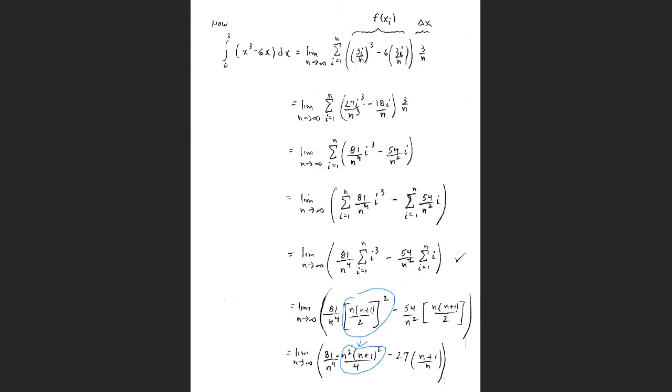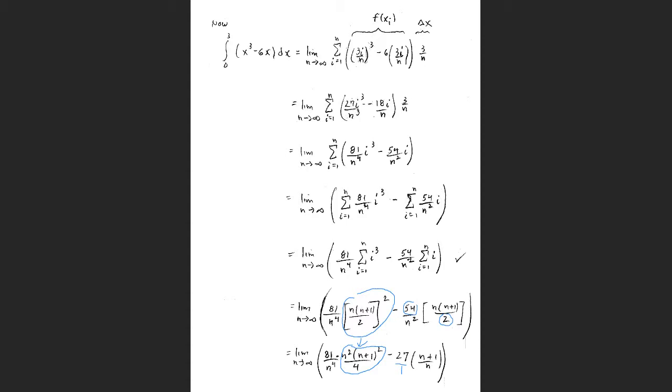And for the second part, the 54 and the 2 reduces to 27 over 1.